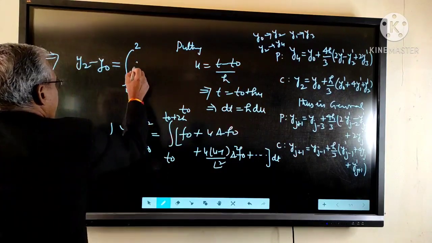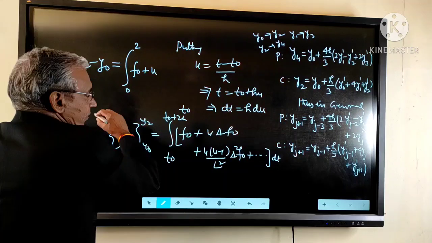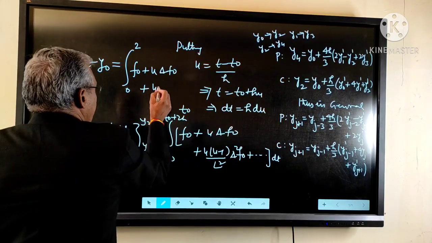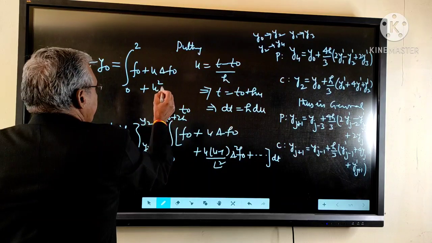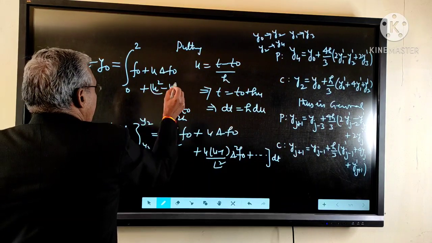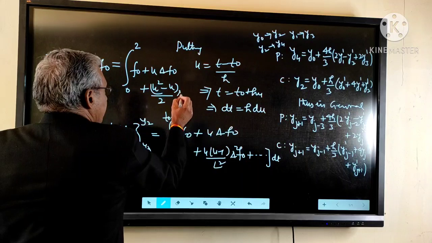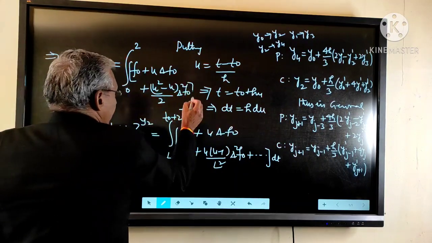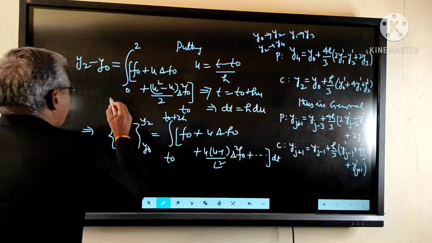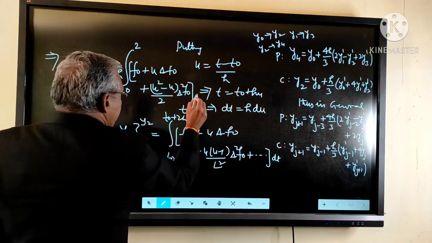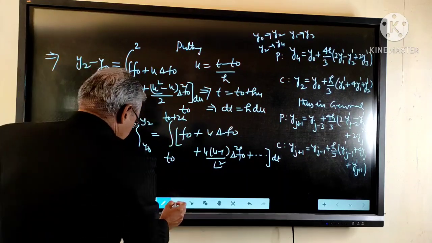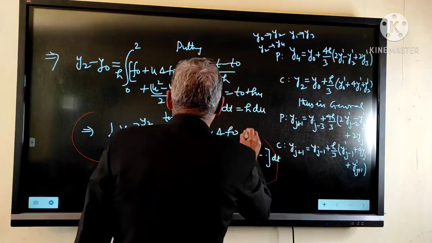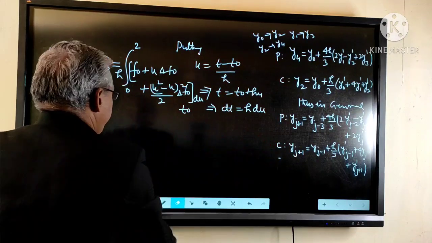This is the integral of f0 plus u del f0 plus (u squared minus u) upon 2 del squared f0, times h du.